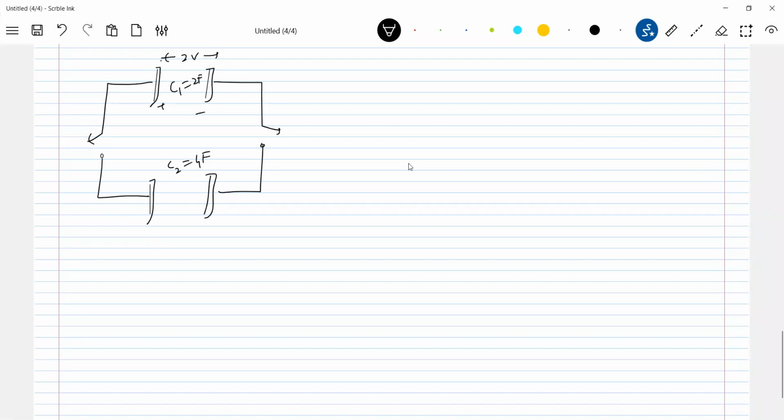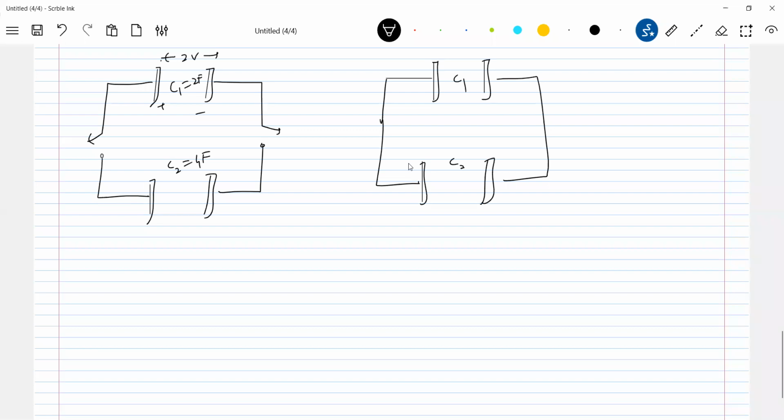This one is charged, this one is uncharged. Then after closing the switch, what will be the charge in both the capacitors? Then how much heat is generated in the circuit? This is C1, C2.